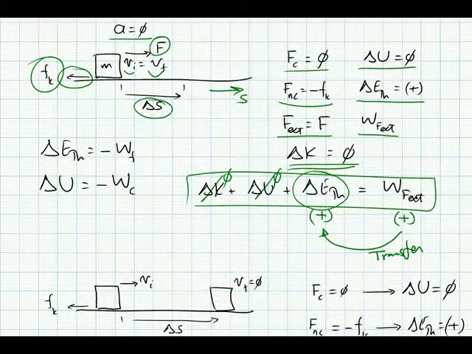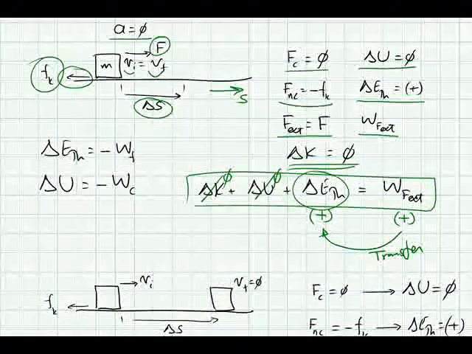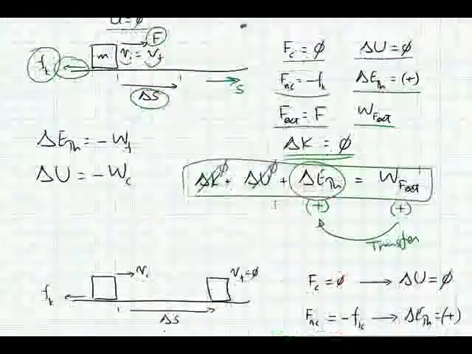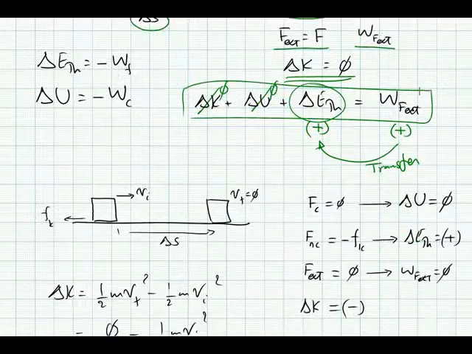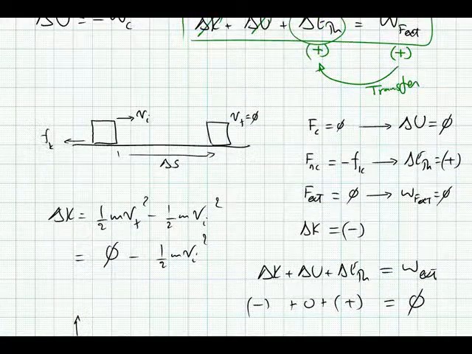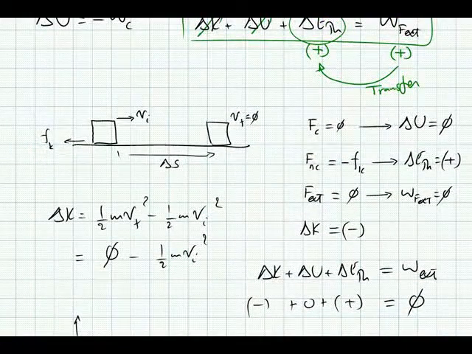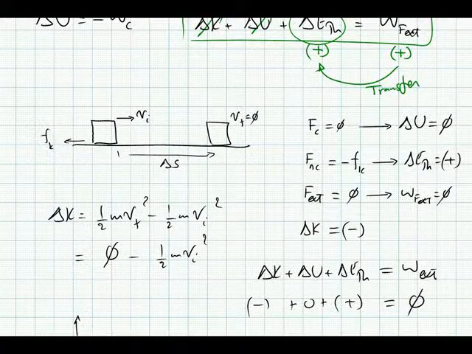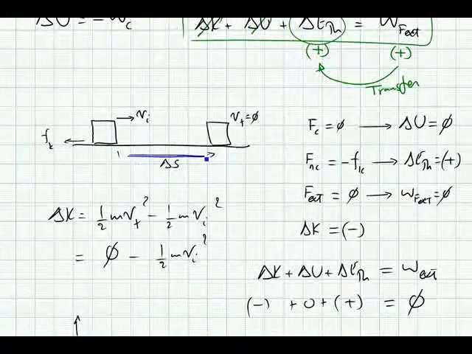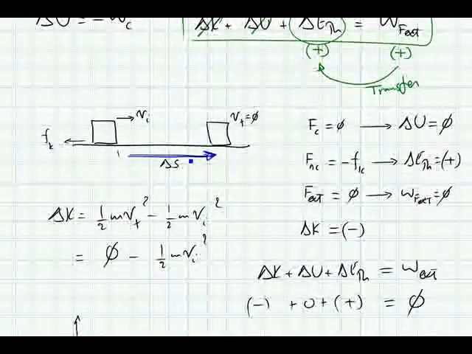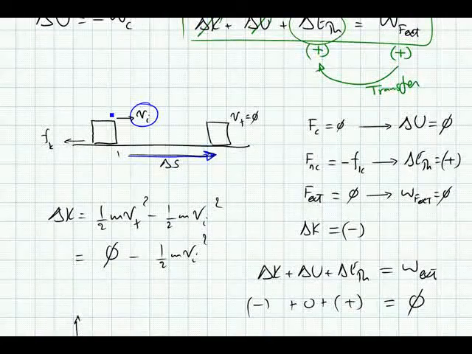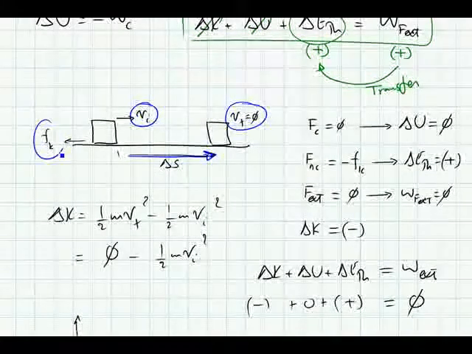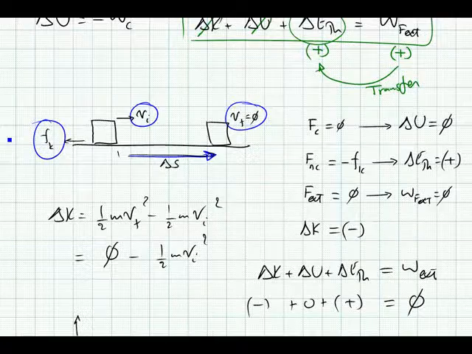Now, let us scroll down a bit, and now let's consider the case where we still have an object being displaced through delta S, but the object slows down from an initial velocity until it comes to a stop as a result of the friction force acting on it.